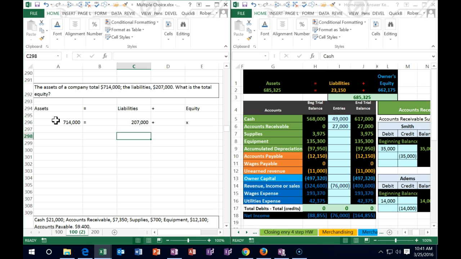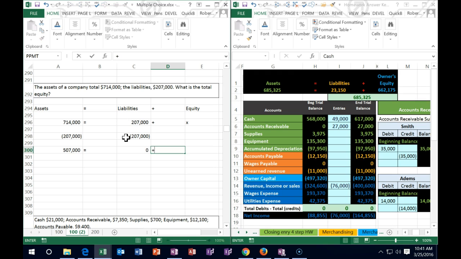Got to get X by itself, so I'm going to subtract the 207 from both sides to get rid of the liabilities. So 207, 207, both sides of the equal sign. Then I'm going to add those up. So this 714 minus the 207 brings it down to 507. That equals the liabilities of 207 plus the negative, so it's a subtraction problem, bringing it to 0.